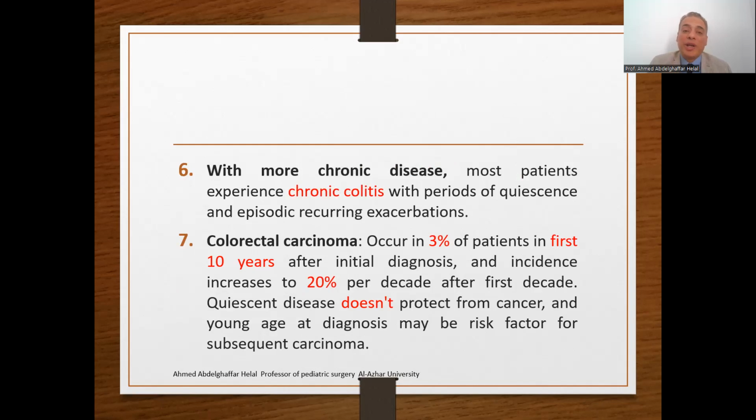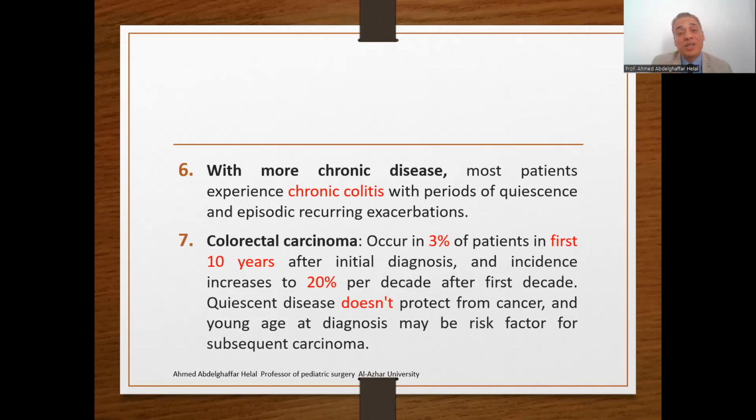What about the colorectal cancer risk? Yes, there is a risk for colorectal carcinoma in children with ulcerative colitis, estimated to be about 3% in the first 10 years after initial diagnosis. The incidence rises to about 20% per decade after the first decade.